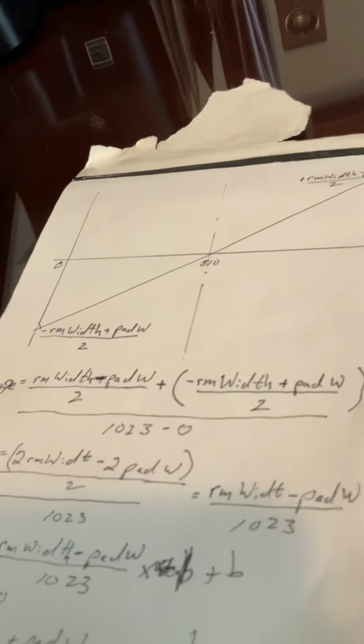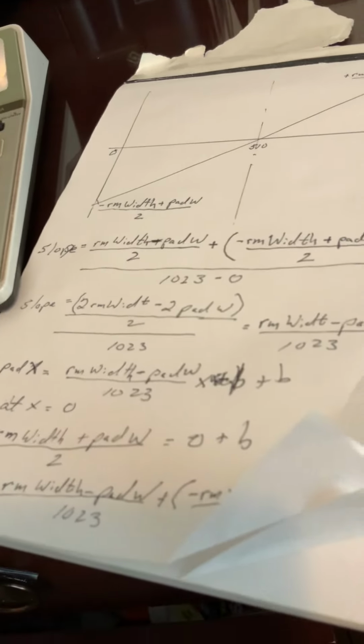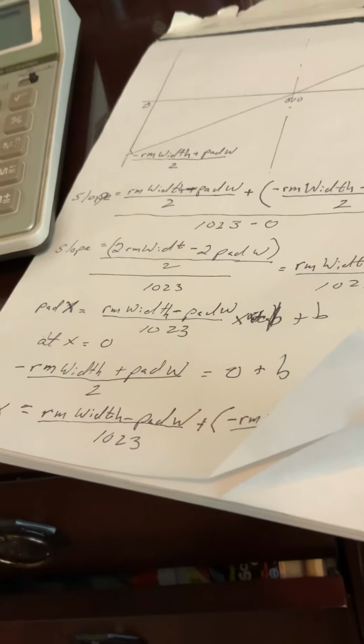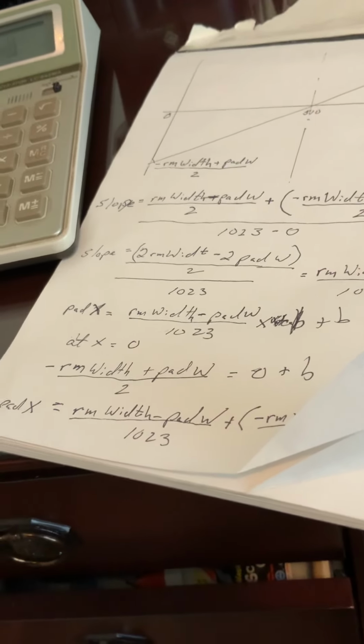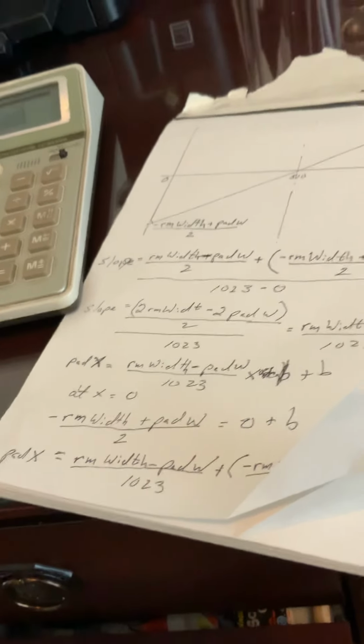It goes from minus the room width, and then I added plus the paddle width and divided by 2, because if you don't put in the paddle width, then the paddle will go past the edge of the box. And so I calculated the slope, and then I calculated the intercept at x equals 0.